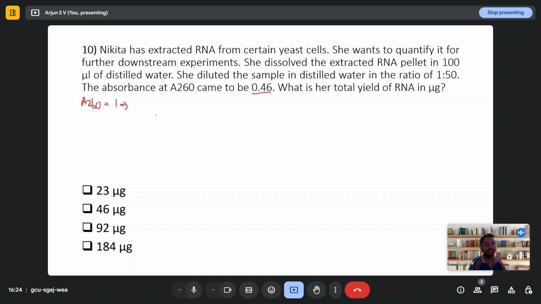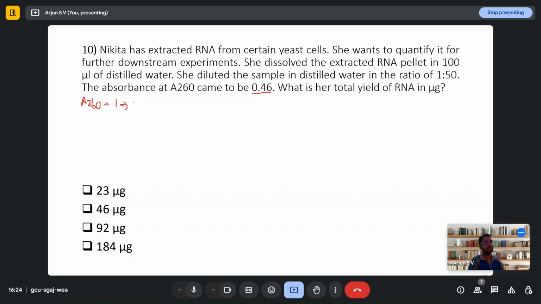I'll write it in detail. It's okay, I'll write it using this itself.